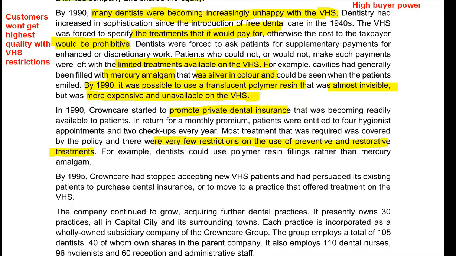For example, dentists could use the polymer resin fillings rather than the mercury amalgam. So promoting private dental insurance has alleviated the issue of the VHS being used by customers, which is at odds with our mission, and it is not occurring as often as before.